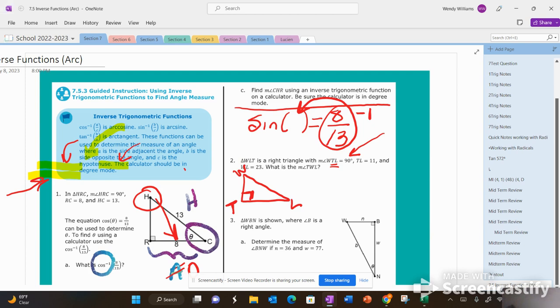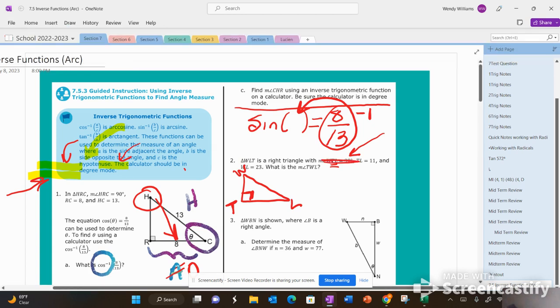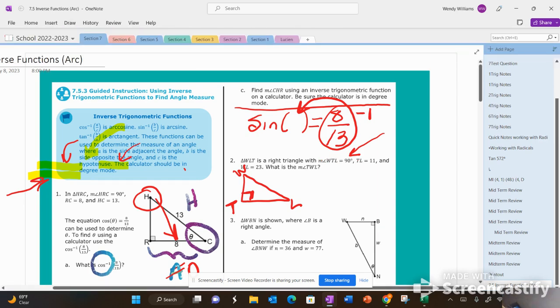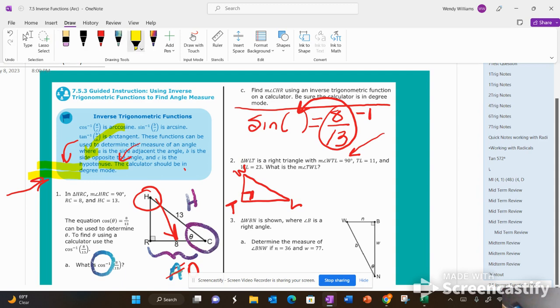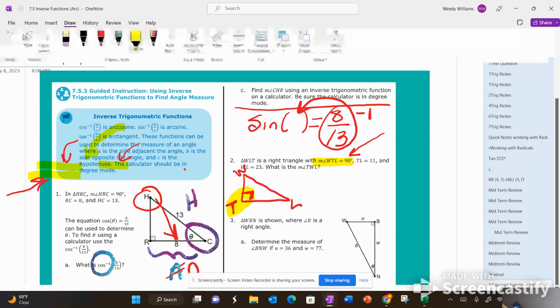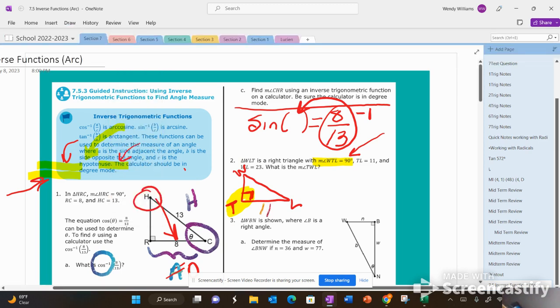We've identified the most important angle, 90 degrees, which was T. And then we just simply put in our lengths for the other ones. The distance of T to L is 11, and the distance of W to L is 23.